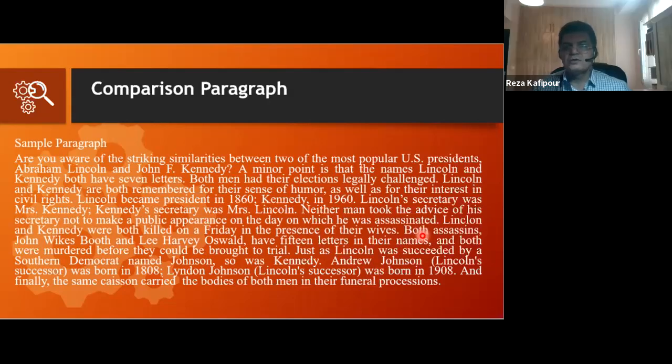You should try to use a different structure. But actually, as you see in this paragraph, which is a long paragraph, we use nearly all the structures, so some of them are used several times. But if you have the choice to use each one of them in a different structure, it would be better to do so.